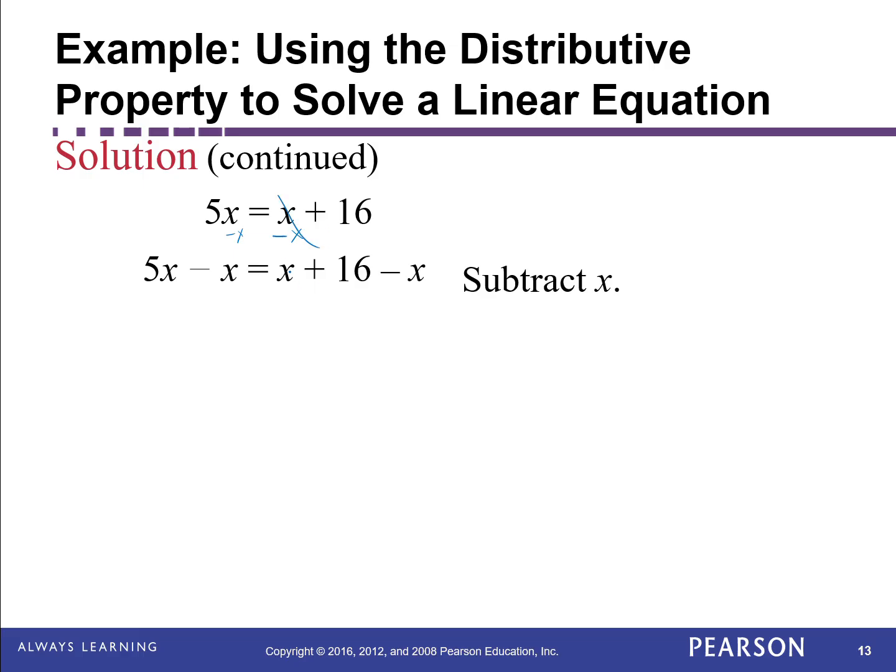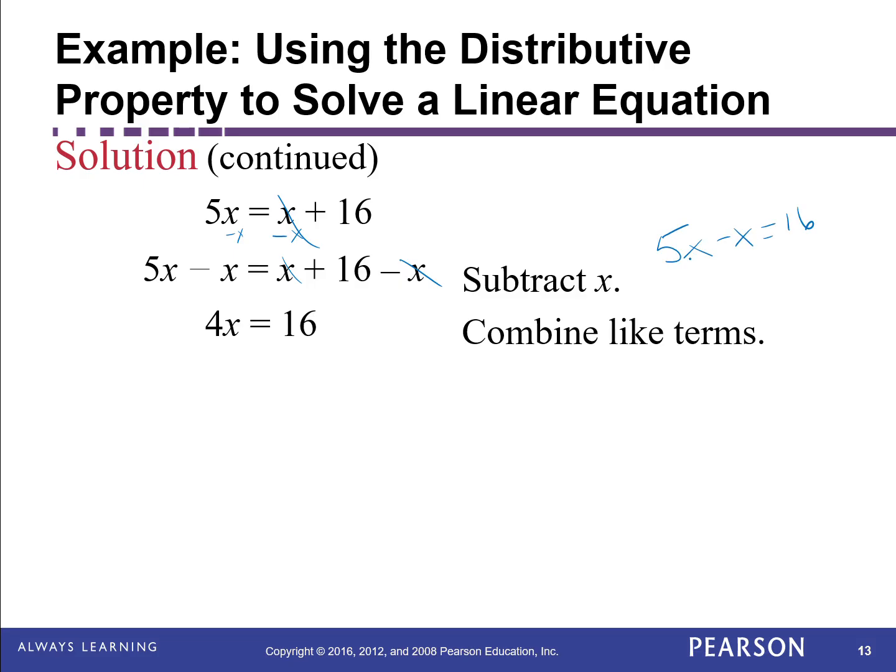And these cancel, so I'm left with 5x minus x equals 16. 5x minus x is 4x, so 4x equals 16. We're almost there. But I still want to get x by itself, and I have this 4 to deal with. The 4 is multiplied here, so I'm going to do the opposite. I'm going to divide by 4 on both sides. Okay, so I get 4x divided by 4.